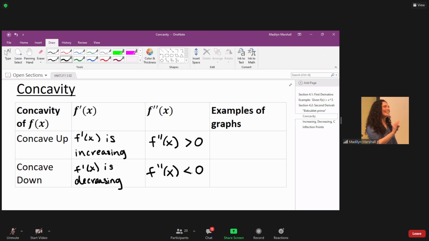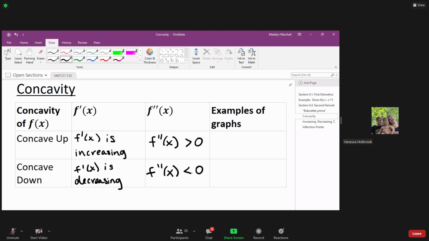Acceleration means the second derivative is positive, we're speeding up. Deceleration means the second derivative is negative and we're slowing down. So it's basically doing the same thing from prime to second prime. Is that correct? Yep, exactly.